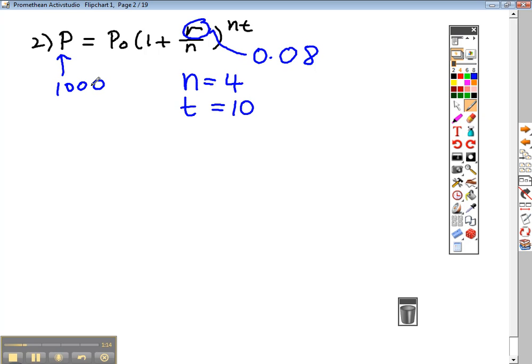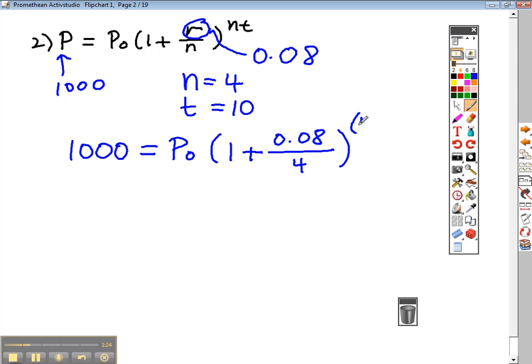I don't know what P sub 0 is. So the equation looks like 1,000 equals P sub 0, which is what I'm looking for, times 1 plus 0.08 over 4 to the n, which is 4 times t, which is that.